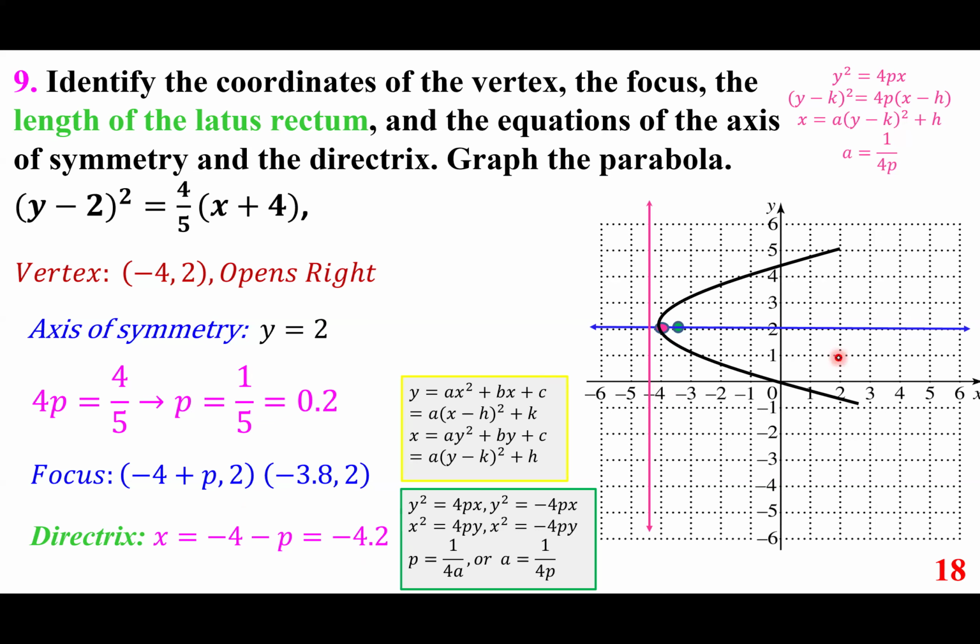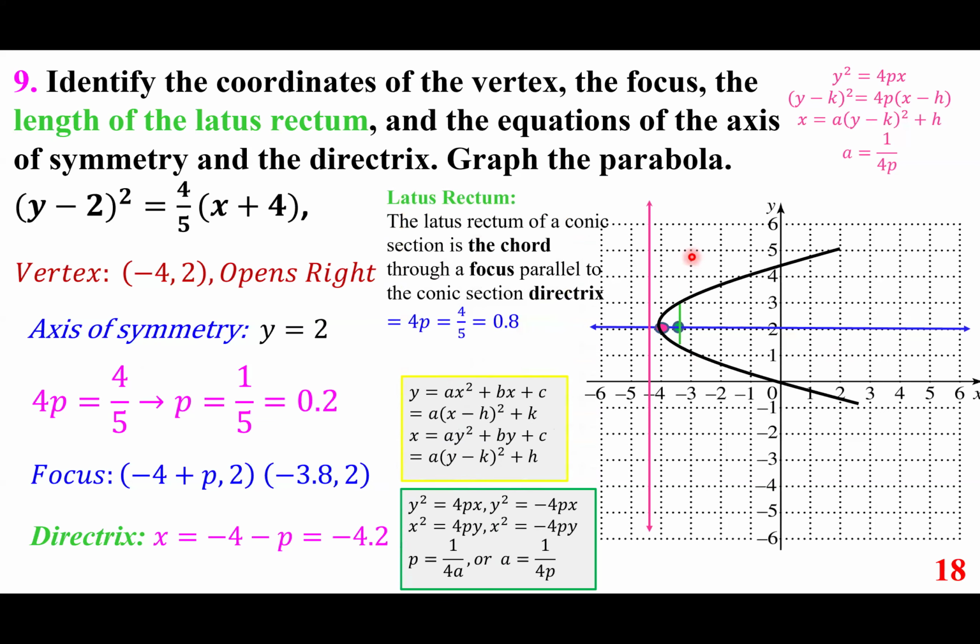The latus rectum is this distance, which is 4 times p, where 4p is already 4/5. So this distance is 4p, or 4/5, or 0.8. The latus rectum of a conic section is the chord through a focus parallel to the conic section's directrix, which is equal to 4p, 4/5, or 0.8.